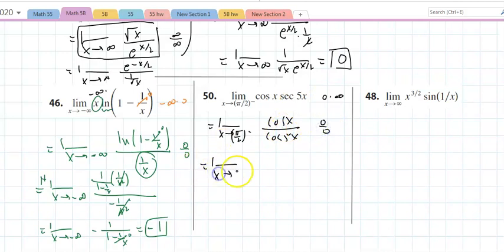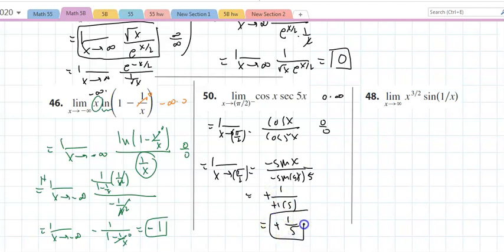That's the limit as x approaches pi over 2 from the left of negative sine of x over negative sine of 5x times 5. And if you put pi over 2, that's going to be negative 1 over negative 1 times 5. That is a positive 1/5. All right?